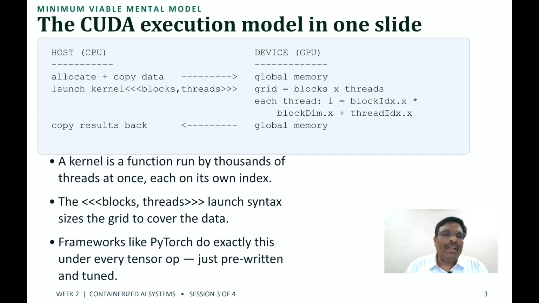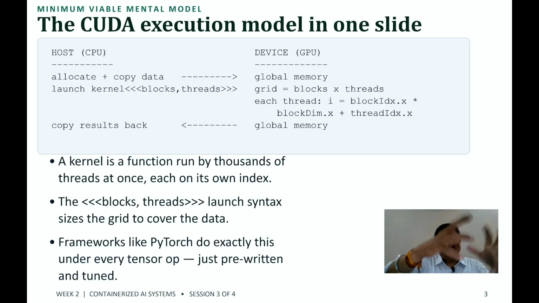So there are blocks, threads, and you launch those threads on those blocks, and those blocks basically form grids. So this is how it's going to happen. And frameworks like PyTorch help us do this, which are pre-written and tuned in the case of tensor operations.